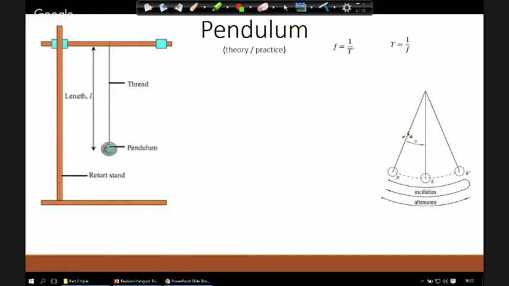Don't forget that the tension in the string would cause the circular motion. There will always be a centripetal force acting towards the pivot up here. That would be the centripetal force. Don't forget as well that they could talk about maybe a theme park ride where the effect of increasing the speed of the oscillation, how that affects the centripetal force. Of course, increasing the speed will increase the force. If I reduce the radius, that will increase the force. But we'll look at that a bit more when we look at the circular motion questions.